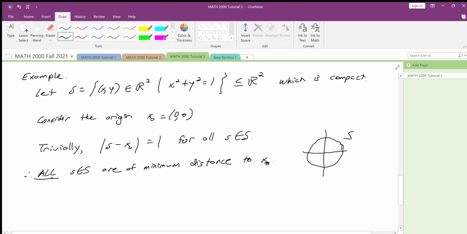And this is just a cooked up example. Sometimes the point of minimum is unique, sometimes it's not. And in this example, it's not. And that's it for question 1.